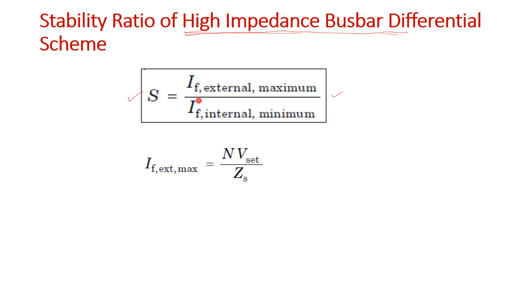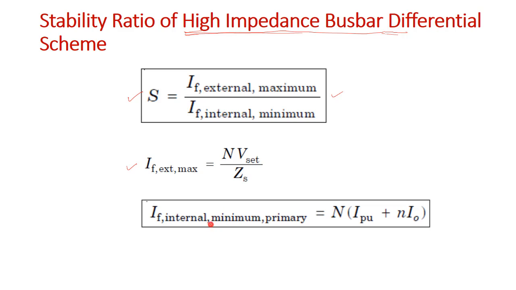If we substitute IF external maximum, which we have already derived as N V set by ZS, and IF internal minimum primary, which is N I per unit plus N IO, we can easily find the stability ratio.